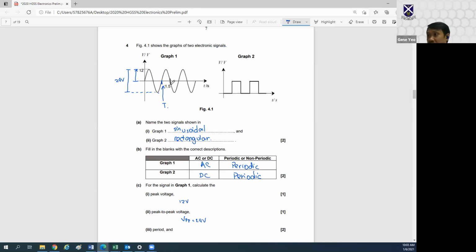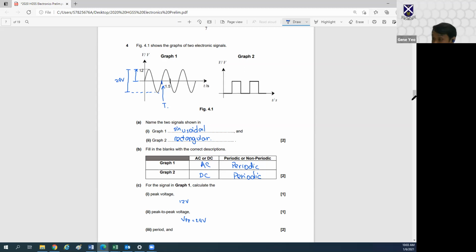Instead, they gave me this value, 1.5 seconds. So not to worry, I know this is one wave and this is 1.5 waves. So if I know the time for 1.5 waves, I'll definitely be able to find the time for one complete wave.